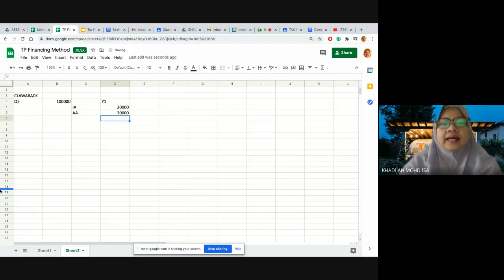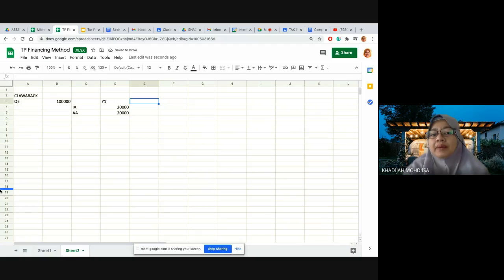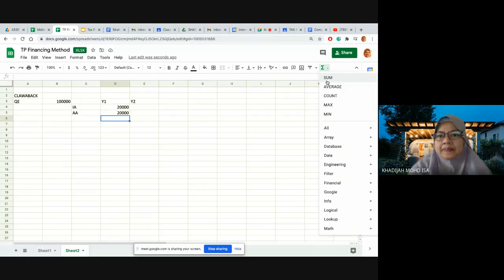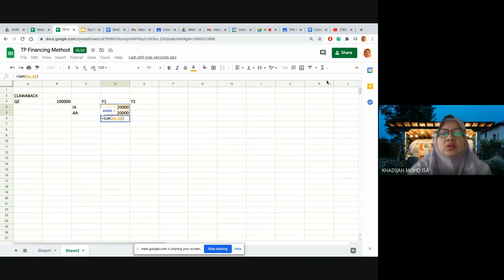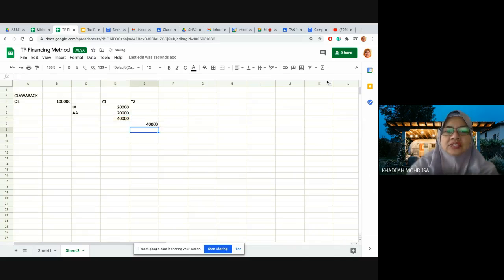That is your IA and AA in year one. But in year two, you dispose of it. So in the year of disposal, because you're going to claw back, whatever you have claimed here, how much? 40,000. Whatever 40,000 here in year two will be treated as a balancing charge.